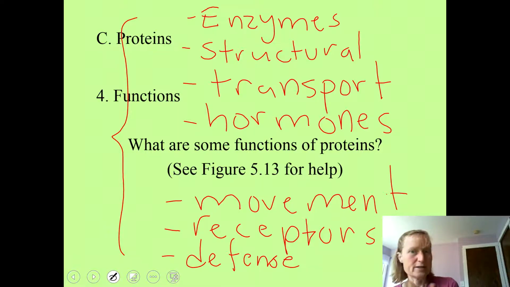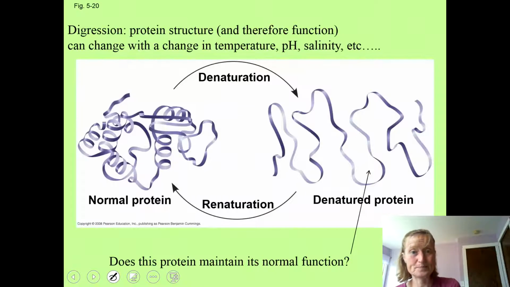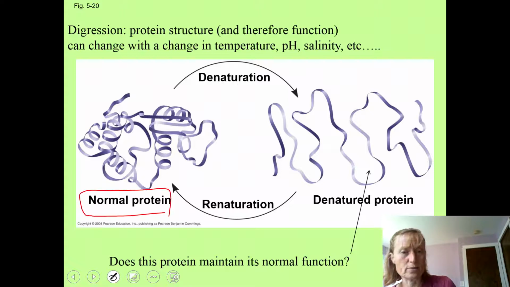Okay. And they're very complex because they all have these unique 3-dimensional shapes. Now what happens if the 3-dimensional shape of a protein falls apart? Here's a normal protein, and it's this ribbon form. And you can see it's got this complex 3-dimensional shape. The ribbon itself represents the string of amino acids.